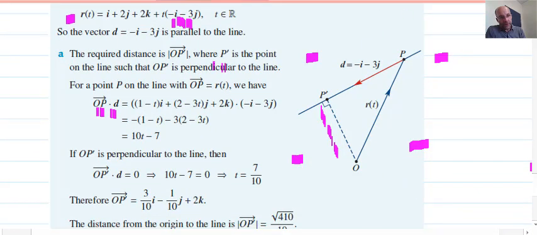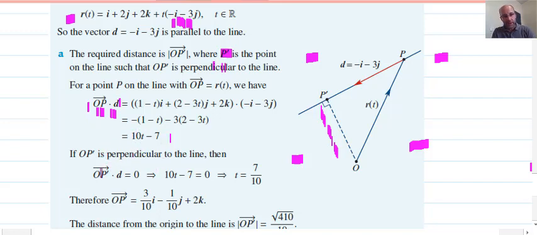So we need to match our result here because it's where the point P dash, let me clarify that. In general, the expression for the dot product of OP dotted with d is 10t take 7.